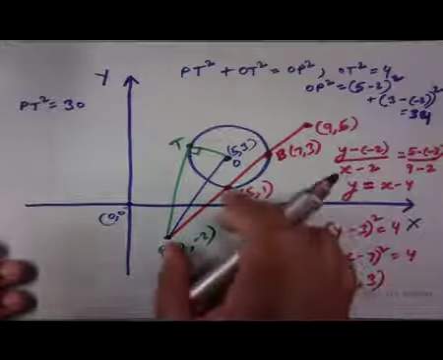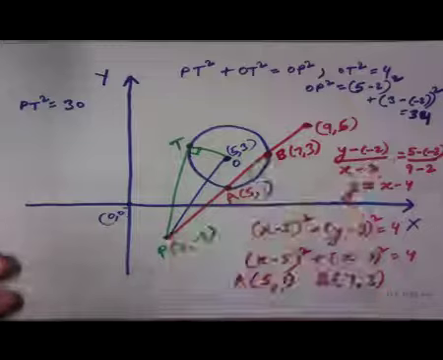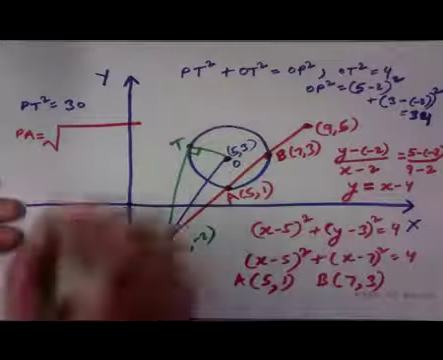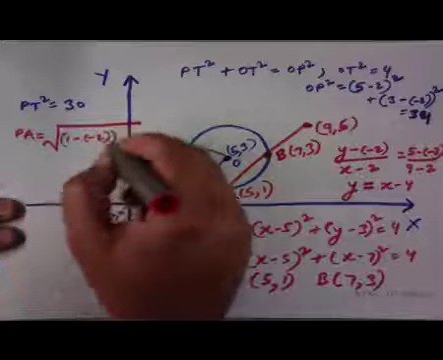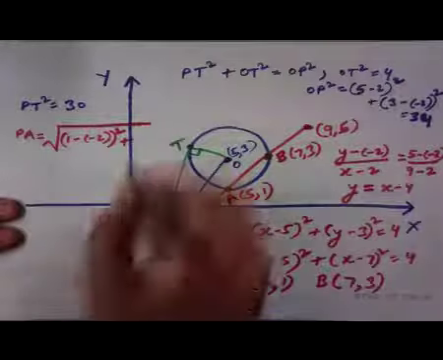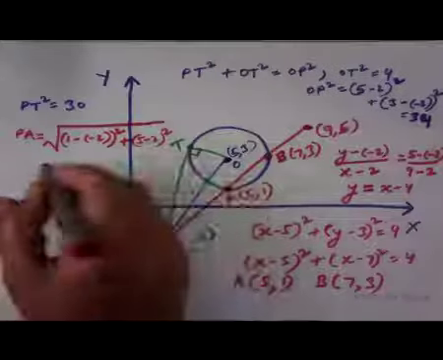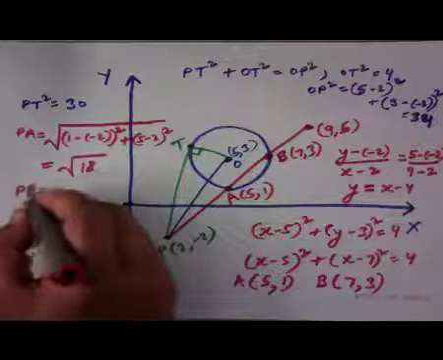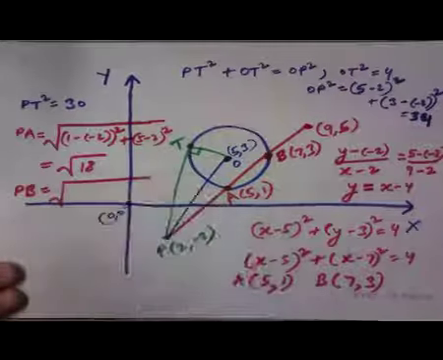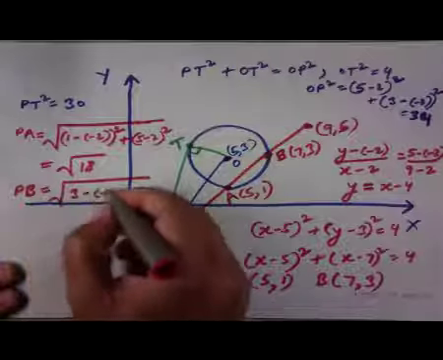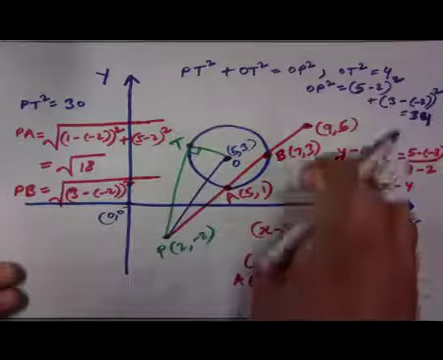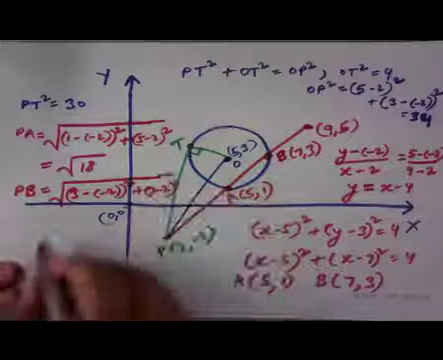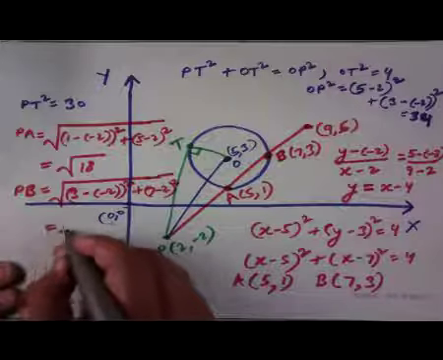Now, we can easily find these distances PA and PB. PA is equal to square root of, which comes out to be square root of 18, and PB is square root of 3 minus minus 2 whole square plus 7 minus 2 whole square, which comes out to be square root of 50.